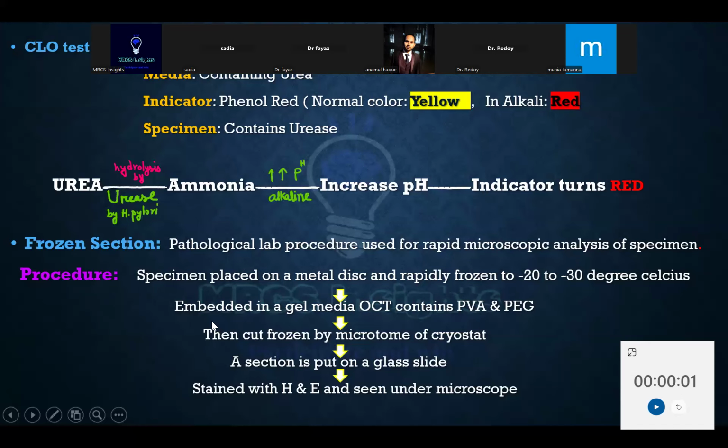Then it is embedded in a gel-like medium called OCT, containing polyvinyl alcohol and polyethylene glycol. After that, it is cut by the microtome portion of the cryostat, the section is put on a glass slide and stained with hematoxylin and eosin, and then seen under the microscope.